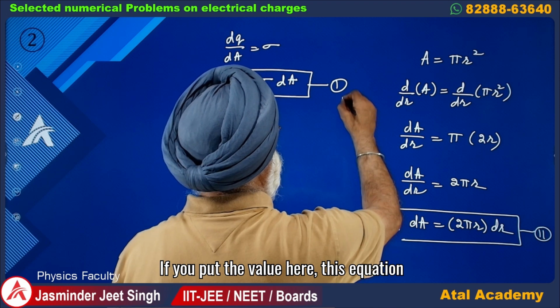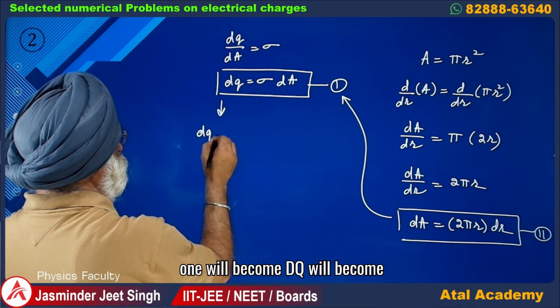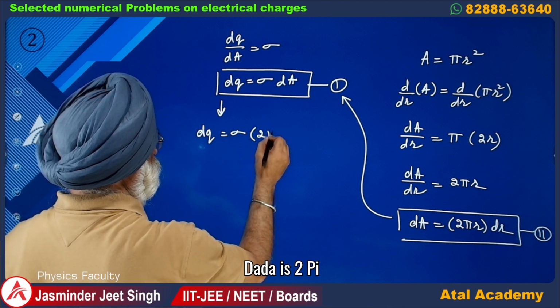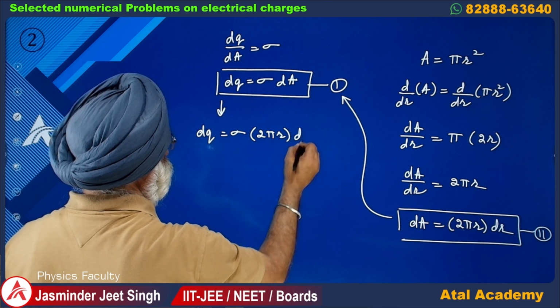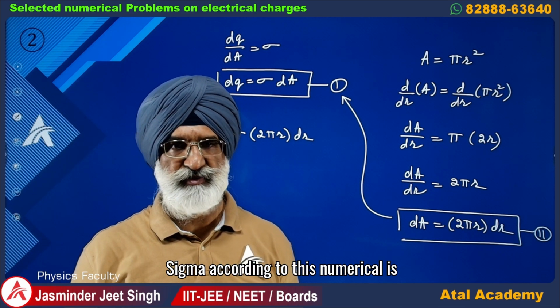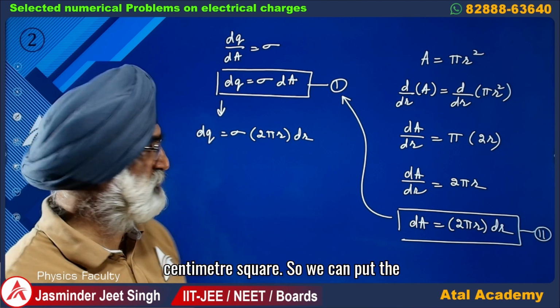If you put the value here, equation 1 will become dq equal to sigma into dA. What is dA? dA is 2 pi r dr. Sigma, according to this numerical, is equal to 3r plus 4 microcoulomb per centimeter square.